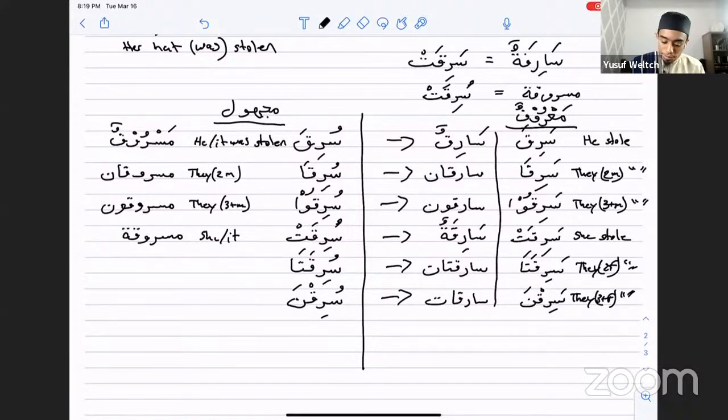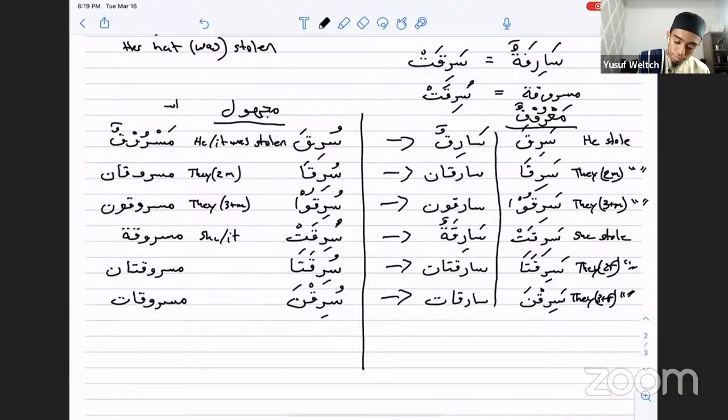You can say either one. Masruqatani. And then masruqatun. And I believe we wrote this out last time as well. Okay. All right, so this is the noun. This is ismul maf'ul. So this is the passive noun, passive participle, which is directly related to the passive verb.